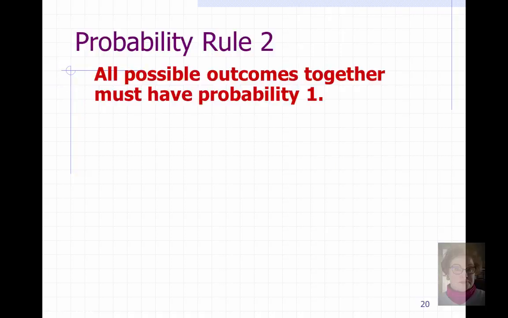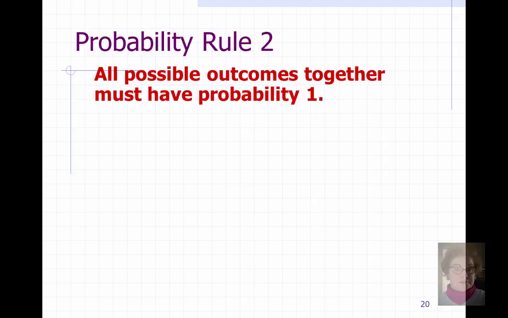Probability rule number 2 says that all possible outcomes together must have a probability of 1. Something is going to happen. So when I toss a coin, what are the possible outcomes? Heads or tails. Now, if it's a fair coin, heads will happen half the time, tails will happen half the time.